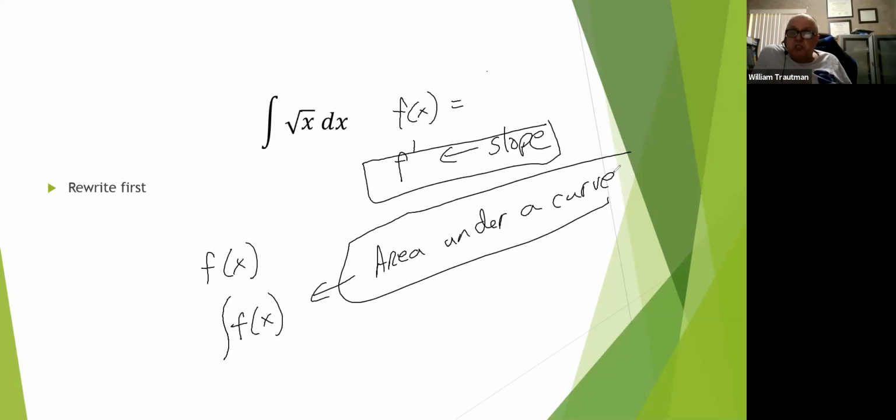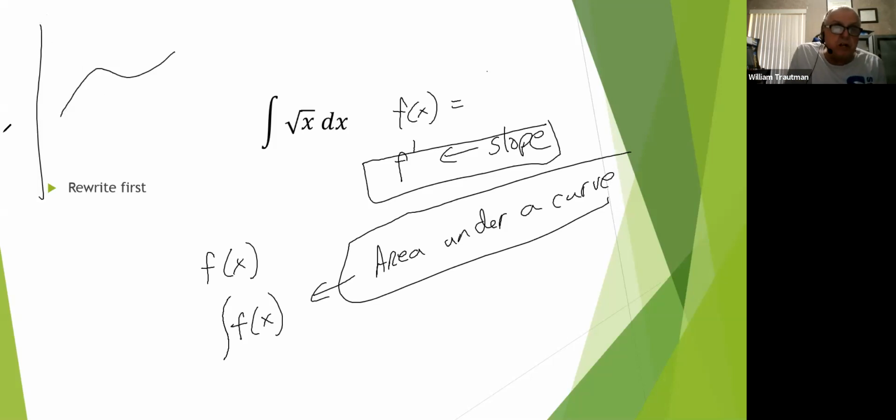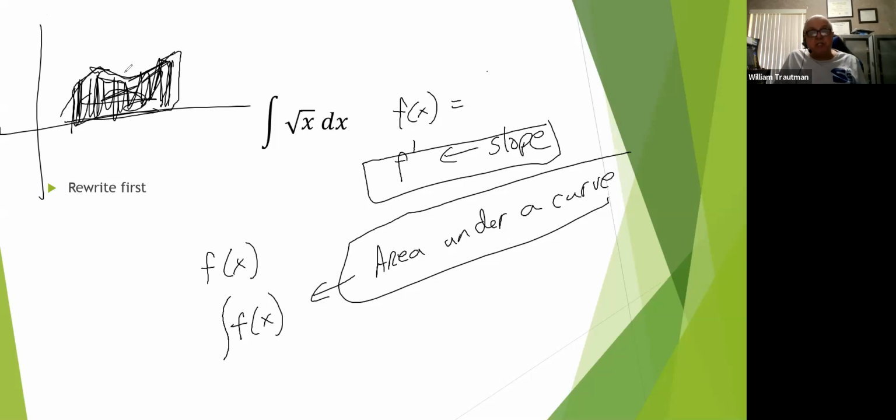That's what calculus 2 is all about, finding areas under a curve. If you have a curve here, what is this area? How much area is under this curve? We want to know how many square inches or whatever. That's what calculus 2 or chapter 5 is all about. Finding the area under a curve.